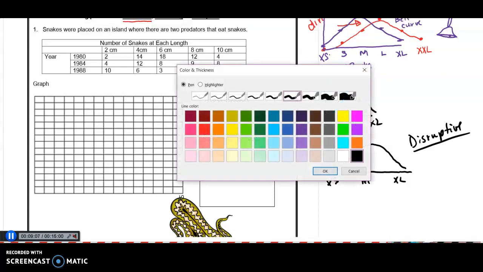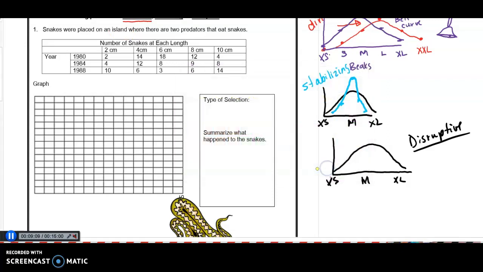If I want to disrupt this, what that means is that extra small beaked birds, they're doing really well. The large, they're also doing super well.